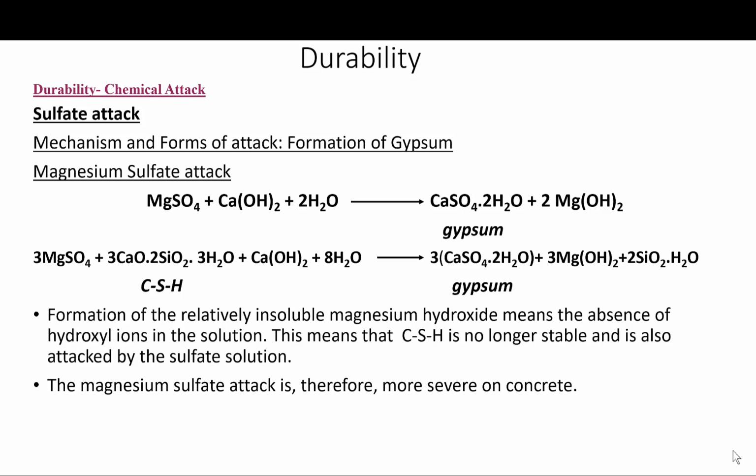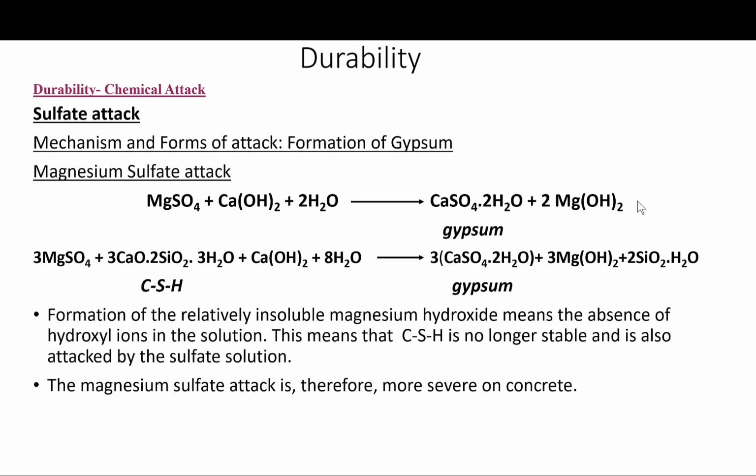Okay, the case is different when the sulfate is present in the form of magnesium sulfate, as you can see from these two equations right here. The formation of the relatively insoluble magnesium hydroxide means the absence of hydroxyl ions in the solution.